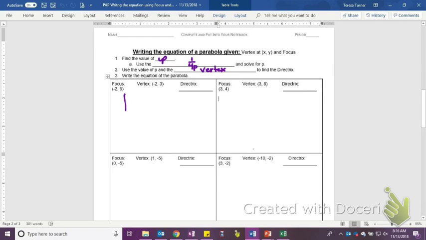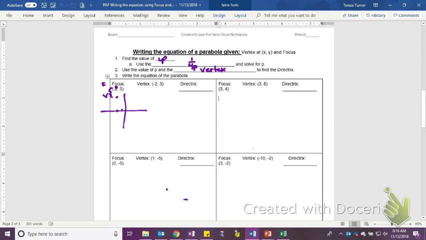So we know that if our vertex is at negative 2, 3, this is our vertex, our focus is at negative 2, 5. So this is a parabola that is opening upwards.